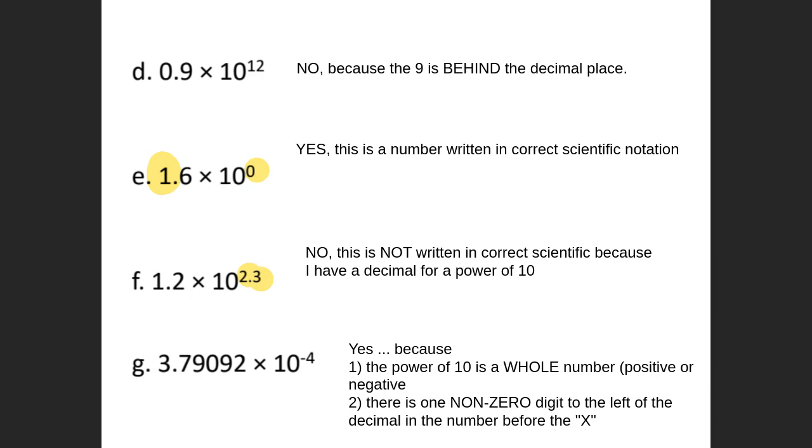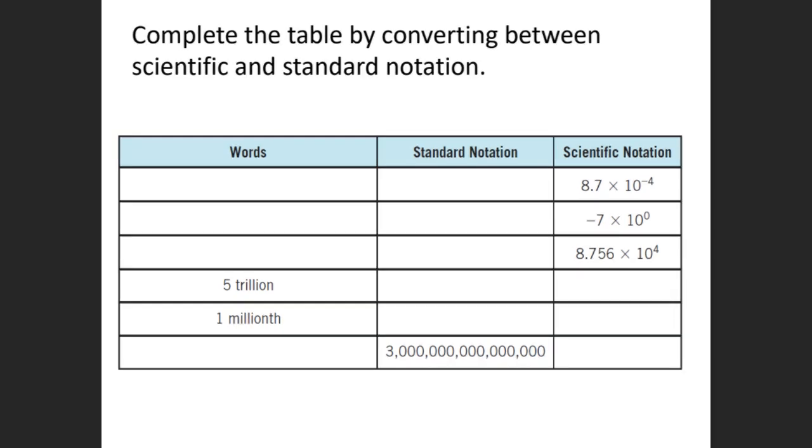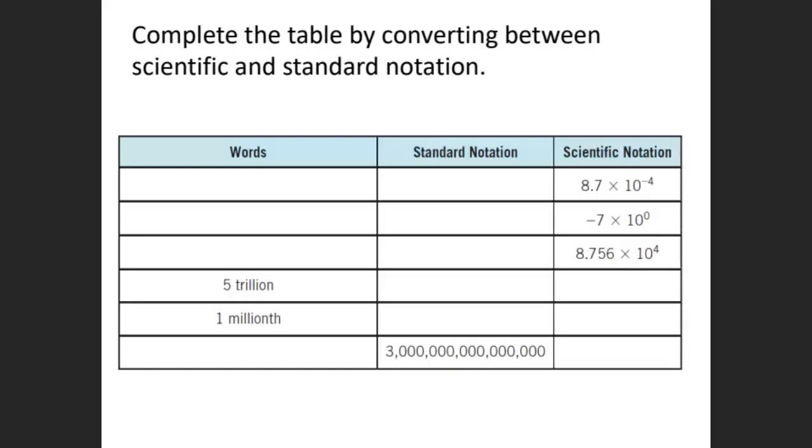Okay, here we go. Now, you are going to have a table just like this in Pearson. And this is going to be one that's got a lot of parts to it. You are going to need to take each row and fill in the blanks. Well, on our first row, we have in scientific notation 8.7 times 10 to the negative 4.